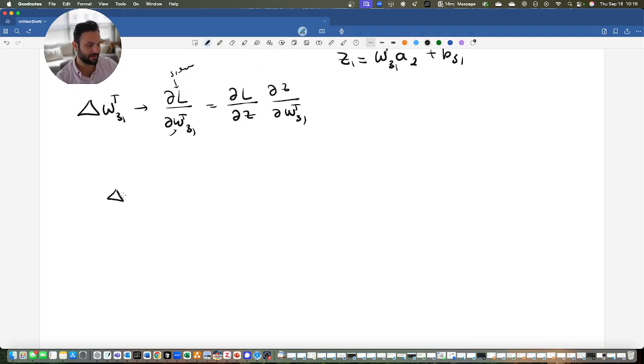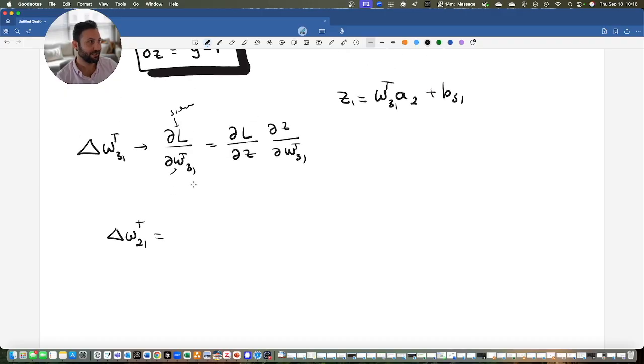Therefore, my delta W31 transpose will be equal to, sorry, not 2, 3, 1, y1, because it's only touching the z1, right? And I'm calculating this.